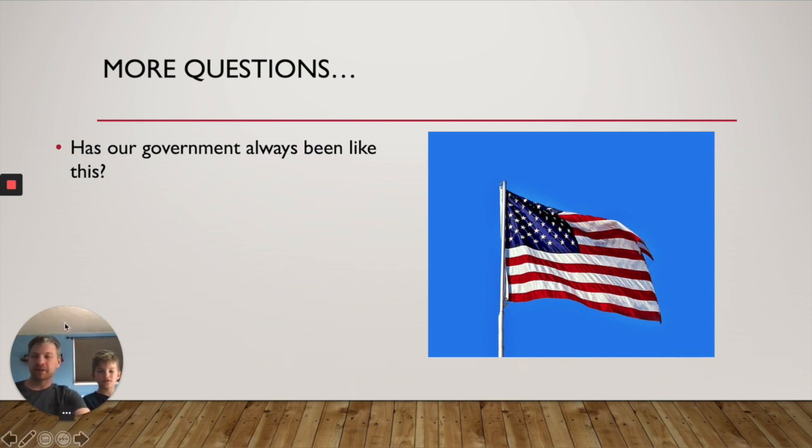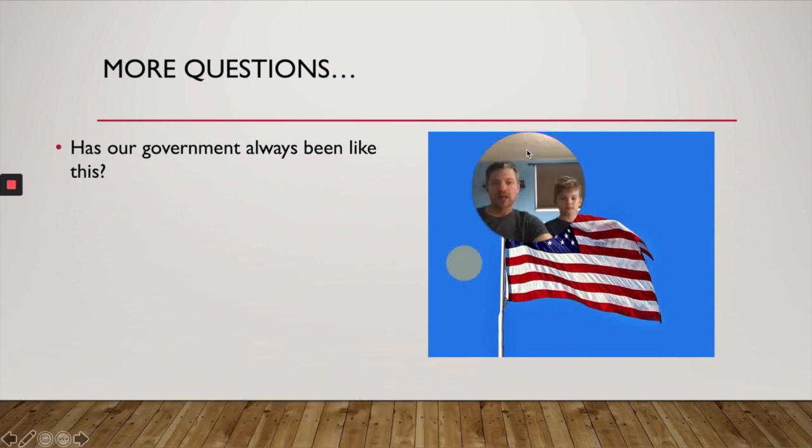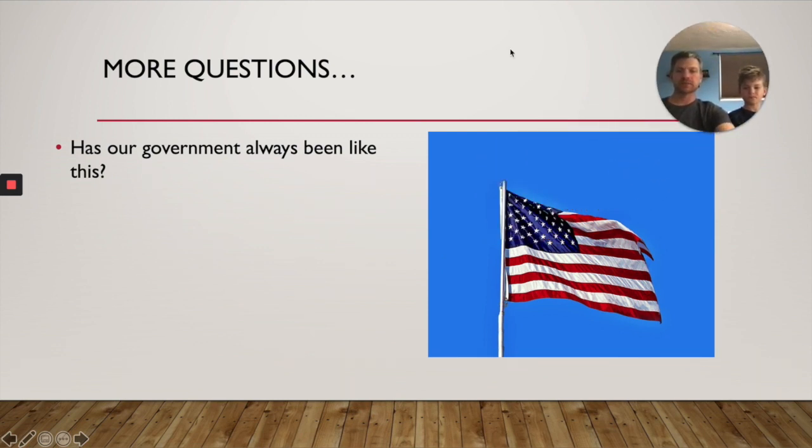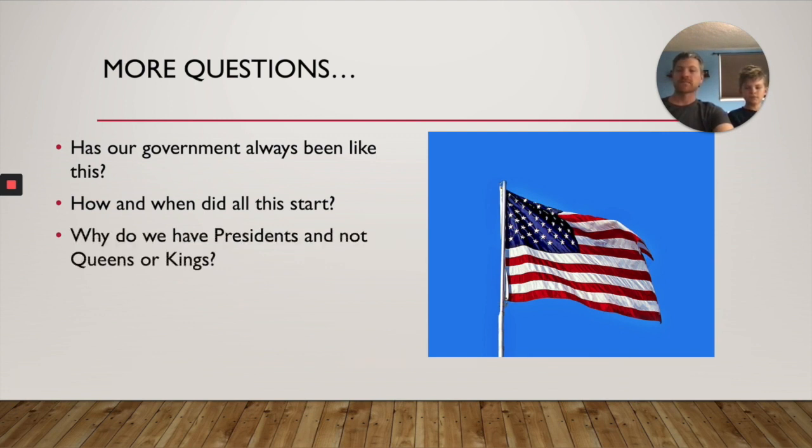That's right. I'm going to move this because it's going to be in the way. And you read the next question. How and when did all this start? So if it hasn't always been like this, then how and when and why did it start? Why do we have presidents and not queens or kings? Interesting.